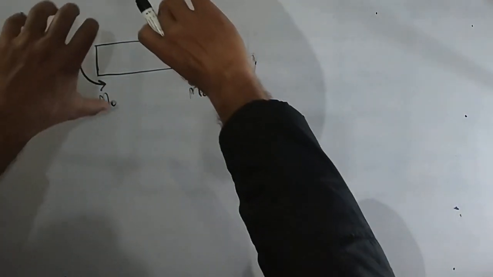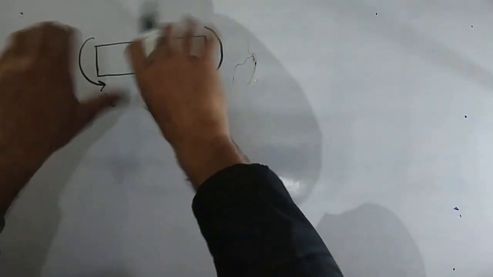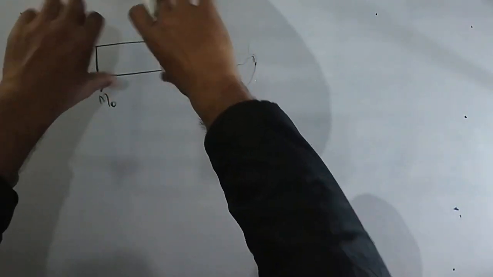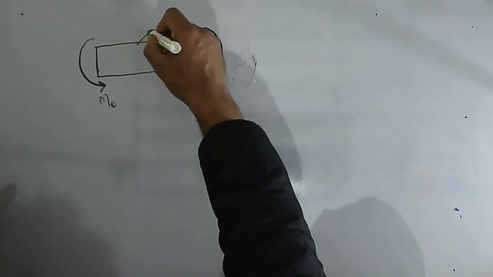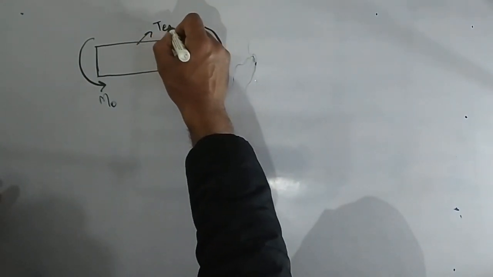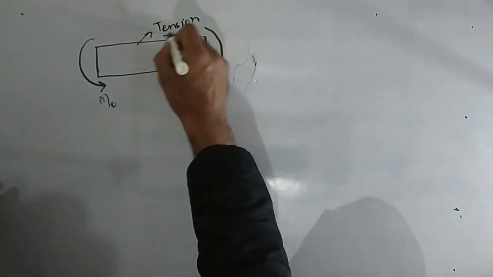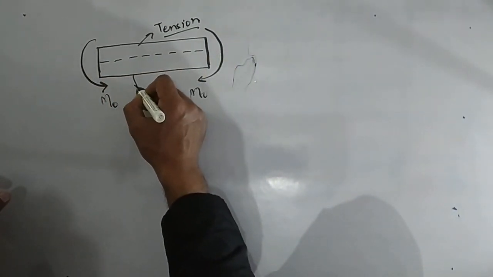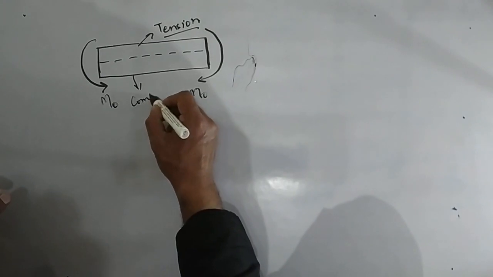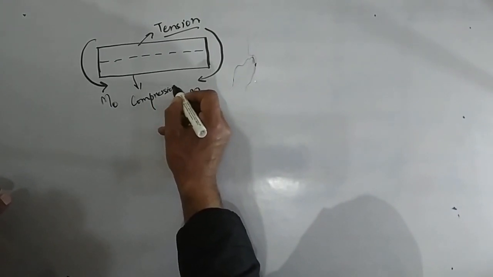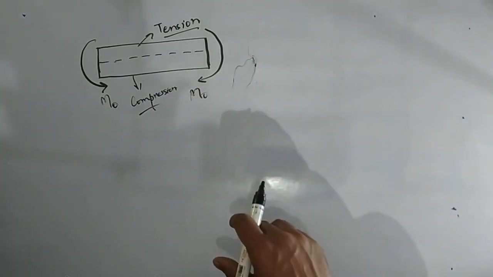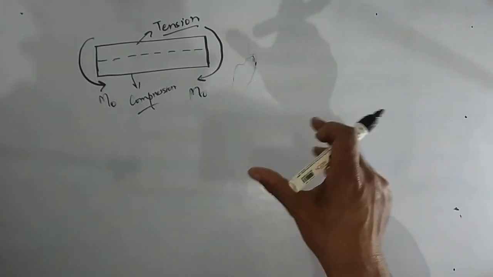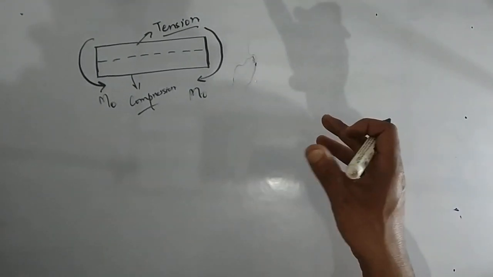This hogging bending moment will try to bend the beam like this, so you will have tension on the upper side and compression below the centroidal axis. Basically, neutral axis is the axis where there is neither compression nor tension.